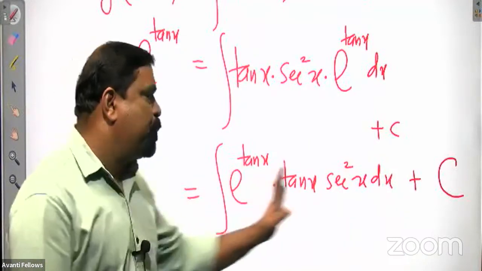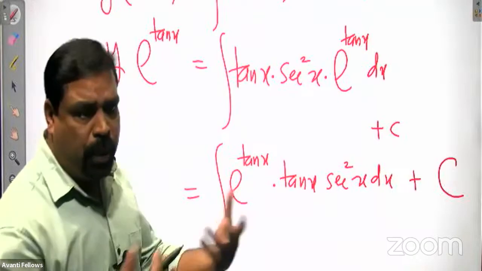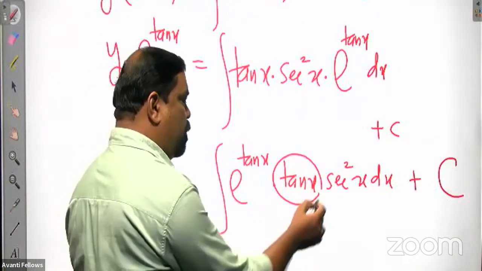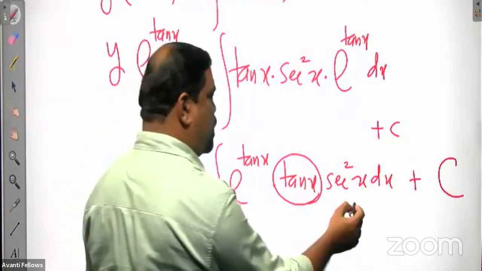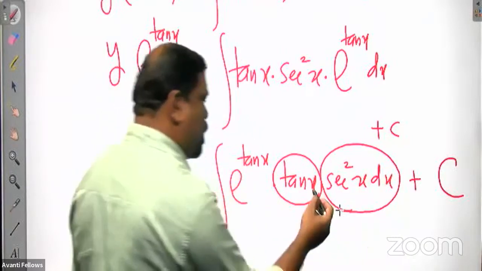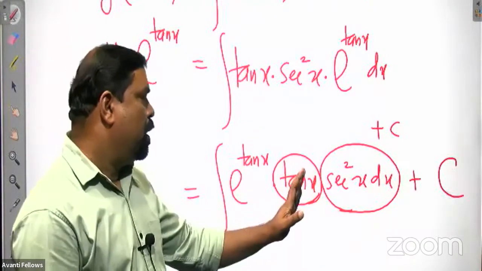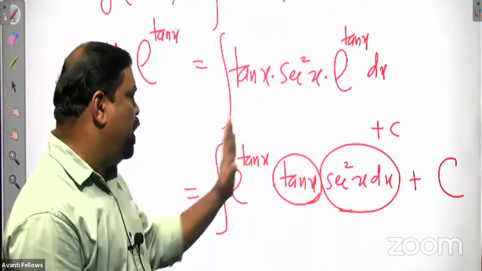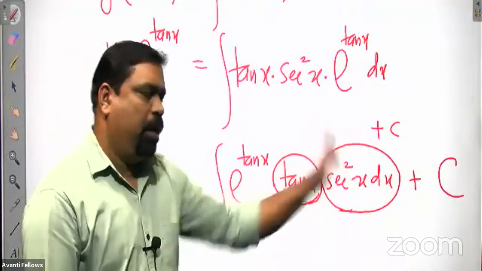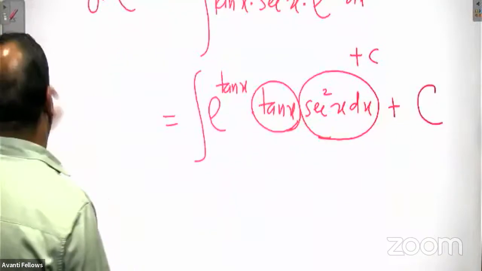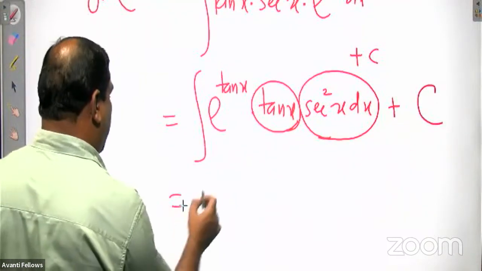If you look at the expression, you will come to know where to substitute. Very clearly, tan x we have to substitute, because the derivative of tan x is sec square x dx. So if you put tan x as some t, it reduces to e power t into t dt. I think the remaining you can do if you know the basic integration.